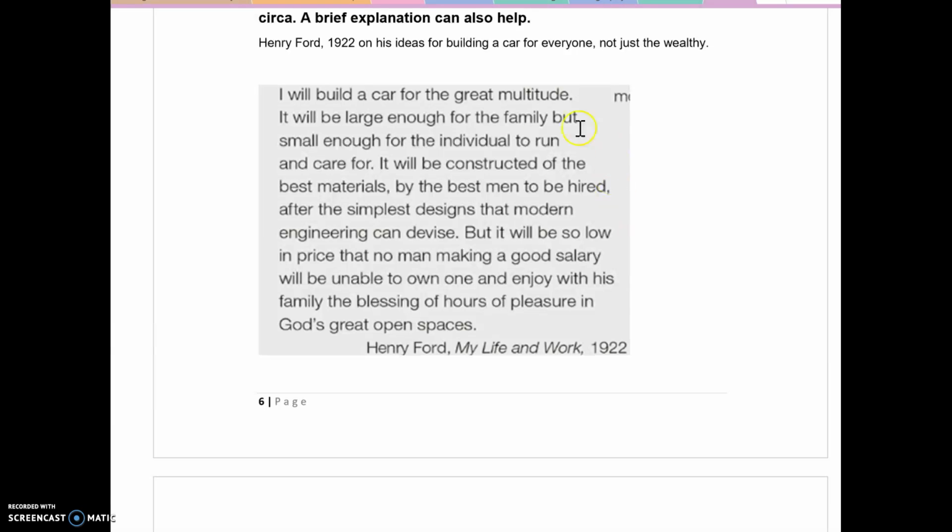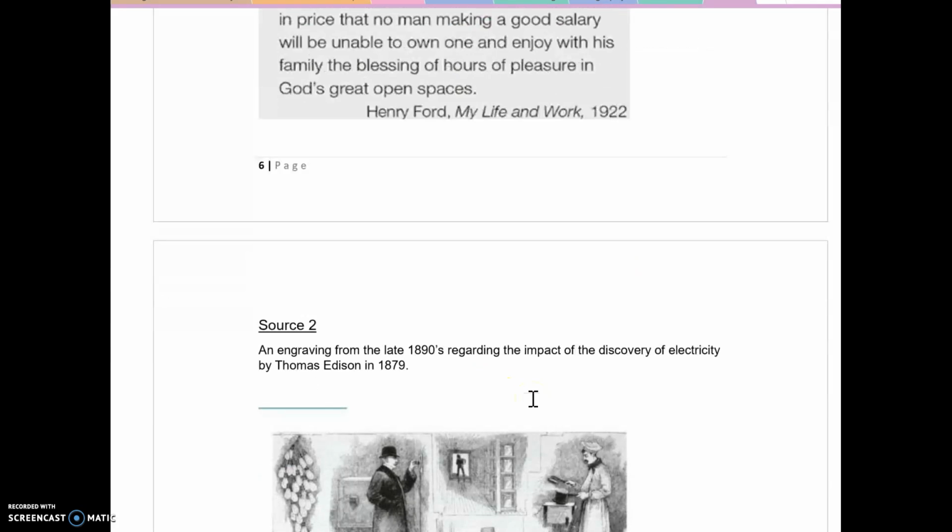So the likely purpose for this one is to justify why Henry Ford is building these cars, and he's going to make the price very low.